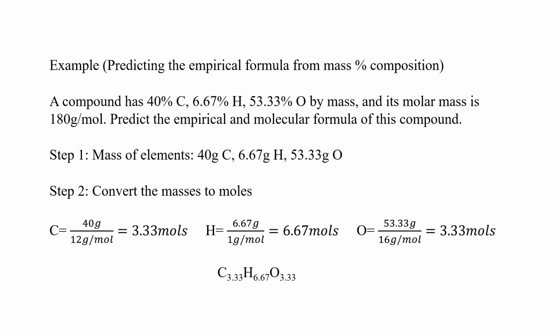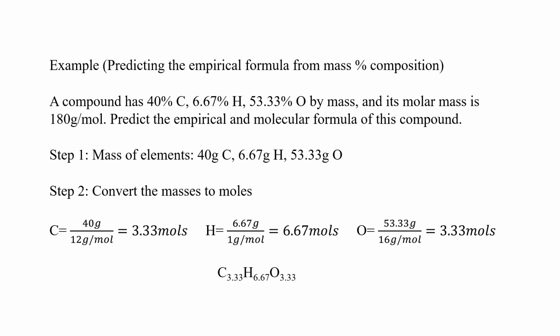From there, you are going to convert those masses to moles. To get moles is going to be mass divided by the molar mass, or the mass number. So for carbon it is going to be 40 grams divided by 12 grams per mole, giving us 3.33 moles.